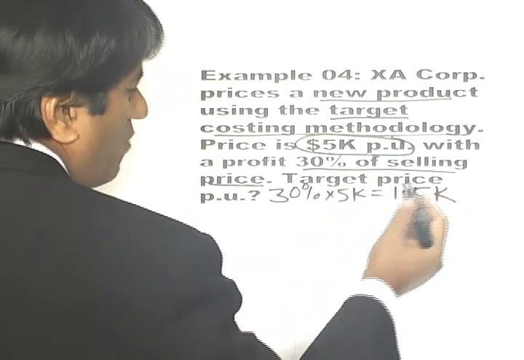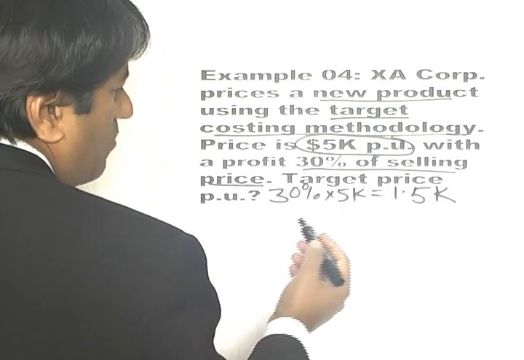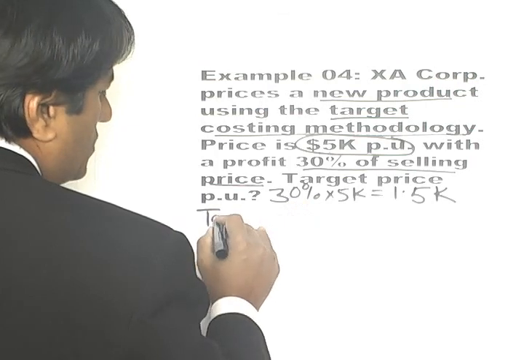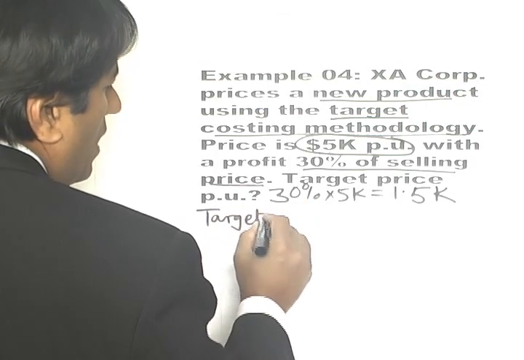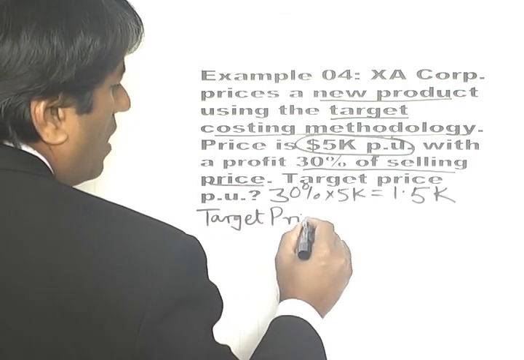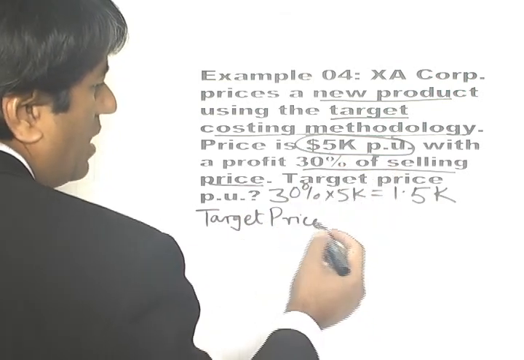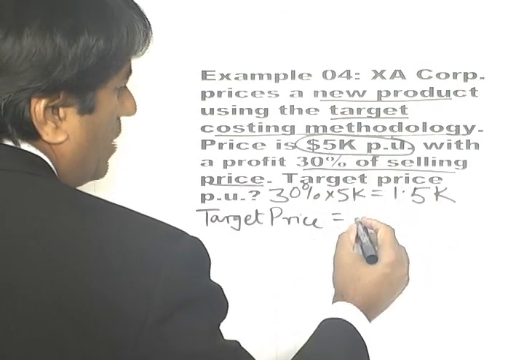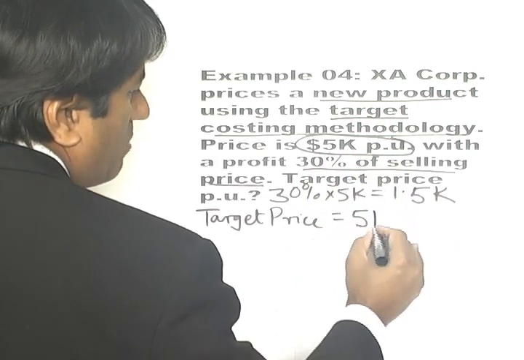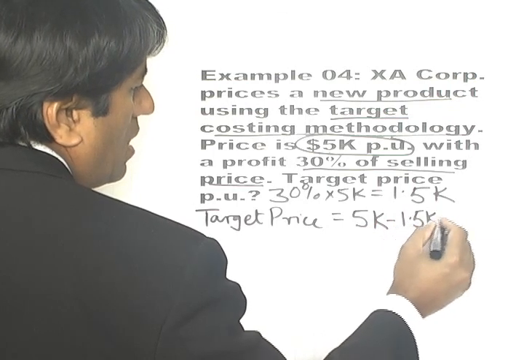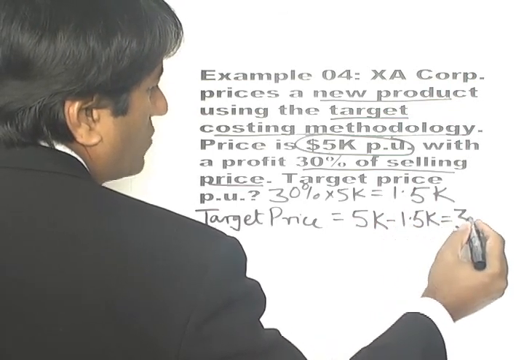So this is the profit. 1,500 is the profit, and then the target price plus this profit equals the selling price. So target price will be equal to selling price minus the profit, or that will be 3,500.